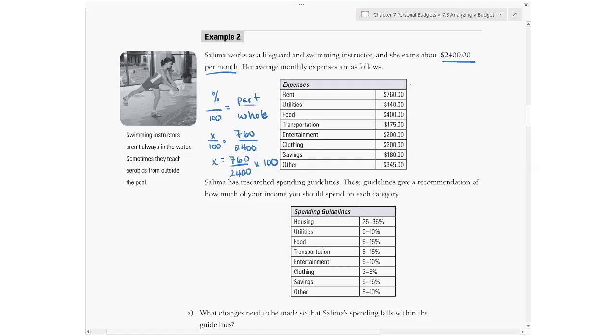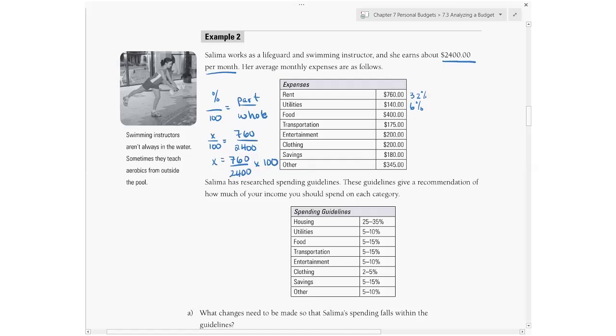So let's do that. So 760 divided by 2,400 times 100 is equal to, we'll just round to the nearest percent, so 32%. Remember, you should be doing each of these calculations on your own as well, just to get used to doing them and make sure that you're getting the same answers. So let's see, utilities, 140 divided by 2,400 times 100 is equal to 5.8%, so we'll go 6%.